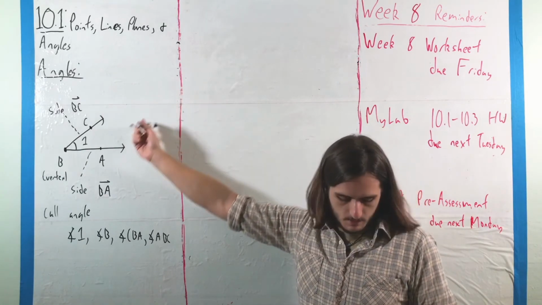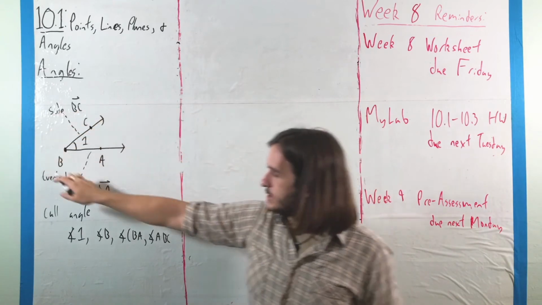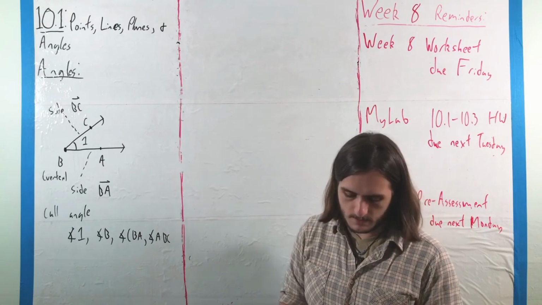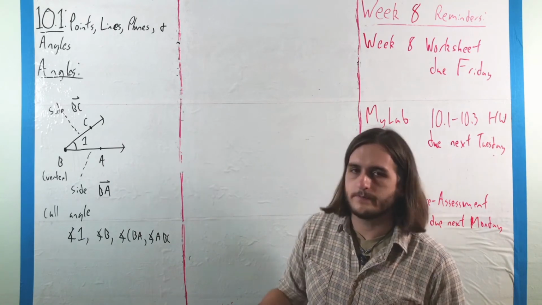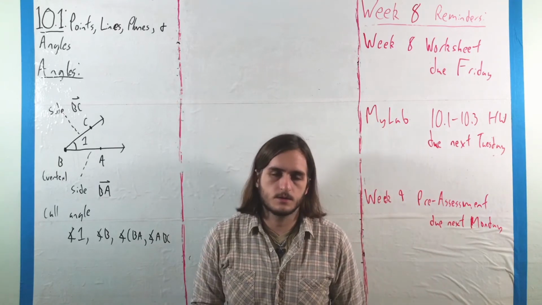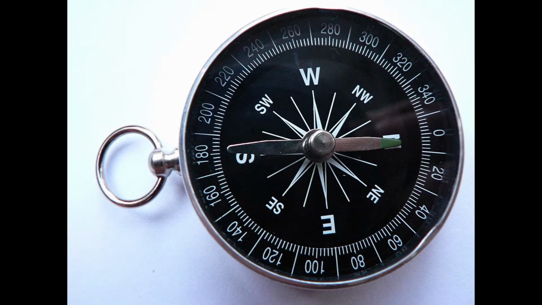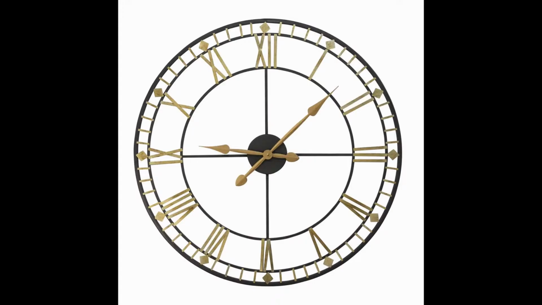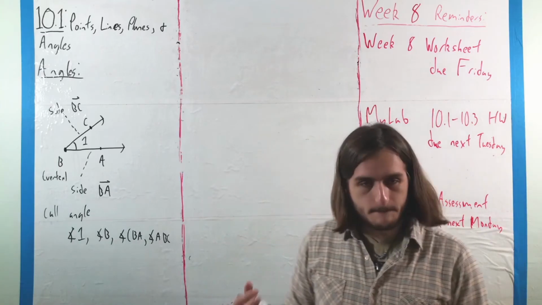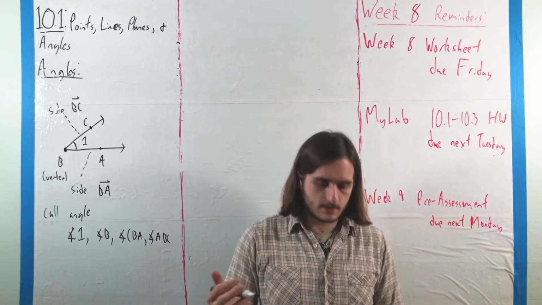So that tells you, maybe with a little bit of intuition, that the entire rotation would give us 360 degrees, and then we have some other special relationships we can talk about with angles, where we'll see a lot of examples with compasses and clocks and protractors for that matter. We have a whole bunch of ways that we can talk about what an angle is and what it represents.